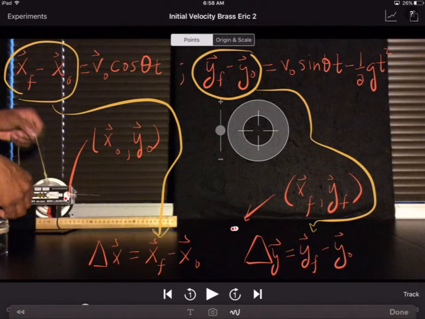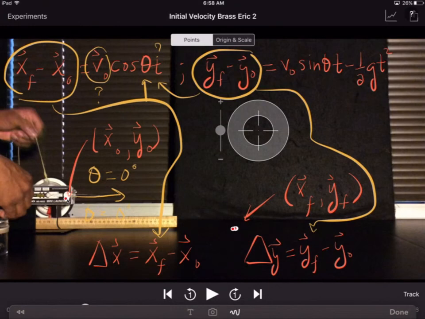And what are we trying to calculate? Our initial velocity. What is our launch angle? Our launch angle is 0 degrees. Let me do this again. Our launch angle is 0 degrees. So we know this. We don't know time. We're going to calculate time from the y equation. And the whole idea is to calculate the initial velocity.